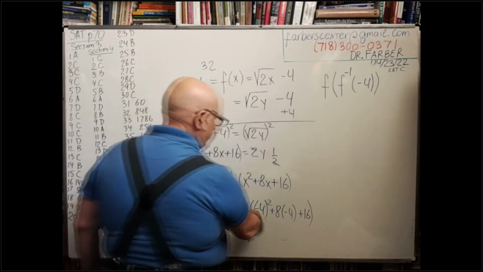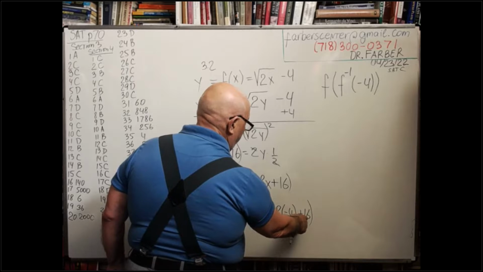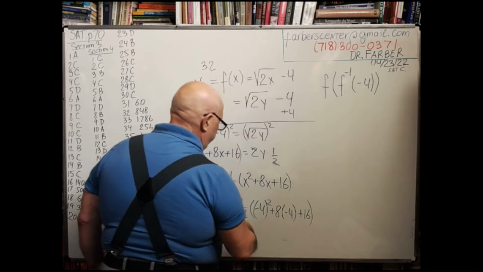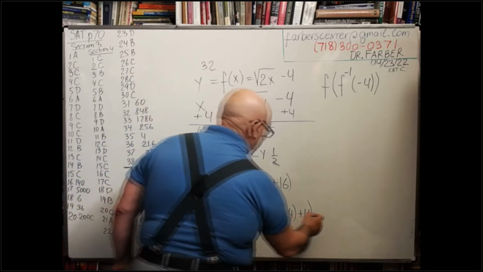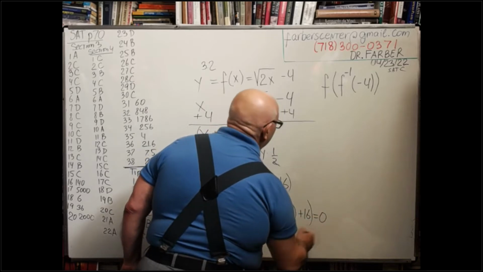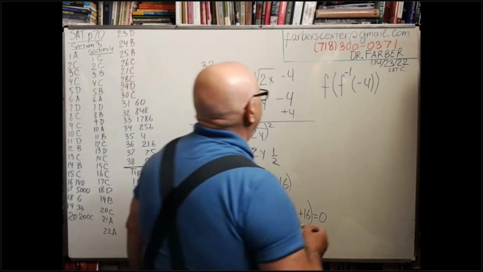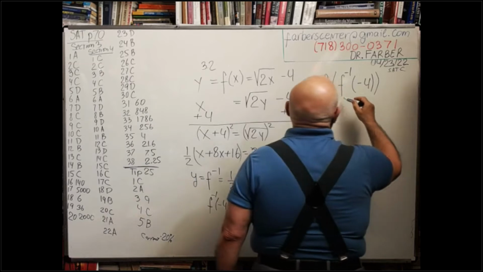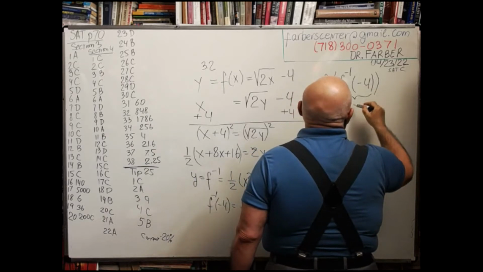This is 16 plus 16, 32, minus 32 is 0. 0 times 1 over 2 is 0. So this is equal to 0. I found this value equals 0.